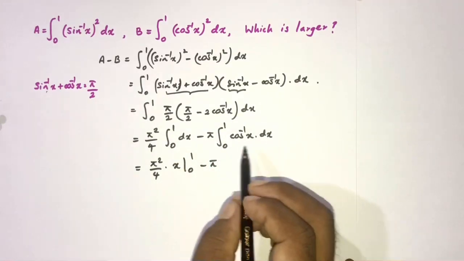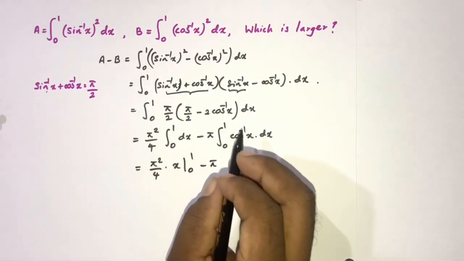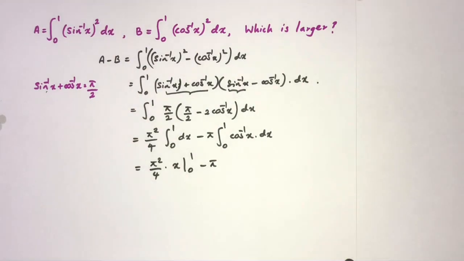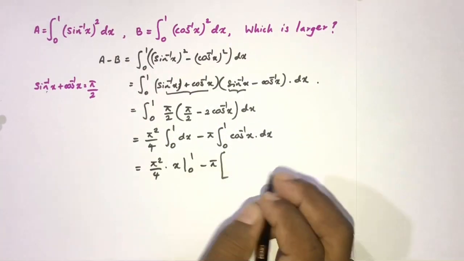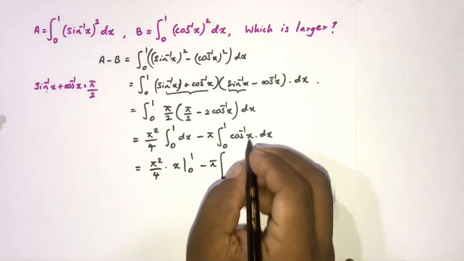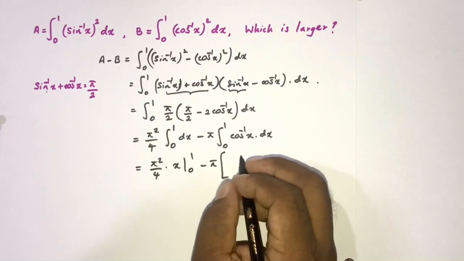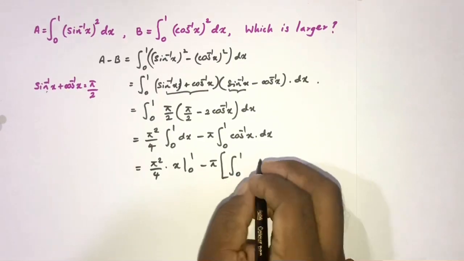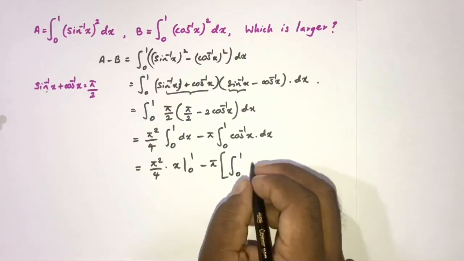Now the integral from 0 to 1 of inverse cosine of x. You can use integration by parts, but I am going to use another method. Now I am going to consider the antiderivative.